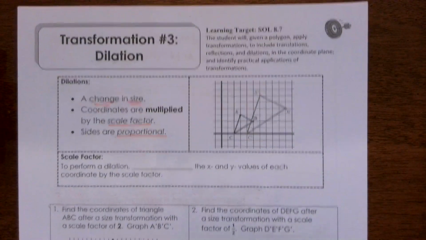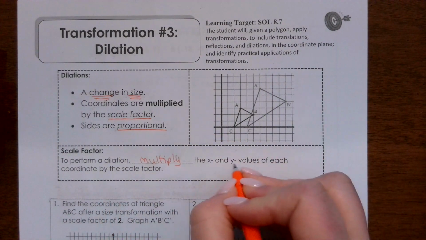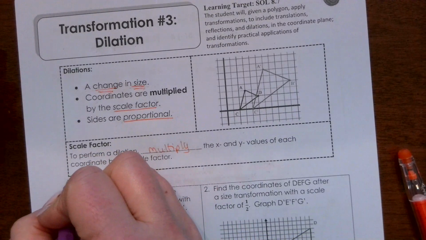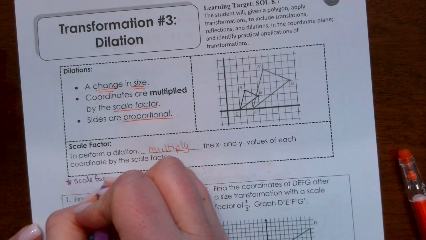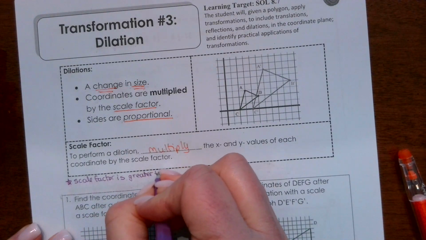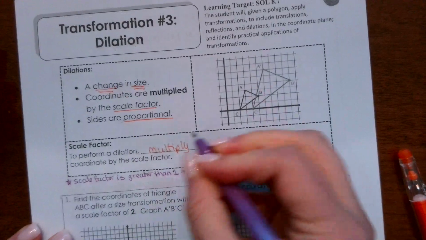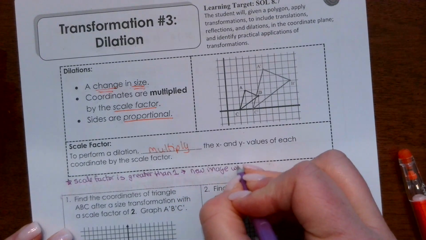So when I am performing a dilation, I am going to multiply both the x and y values of each coordinate by a scale factor. And something to think about there: if my scale factor is greater than 1, my new image will be bigger.